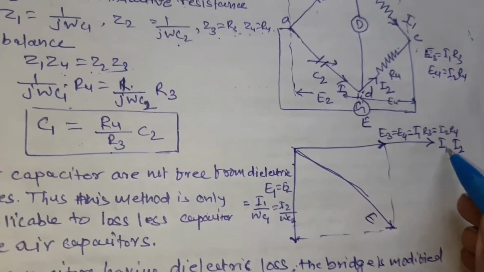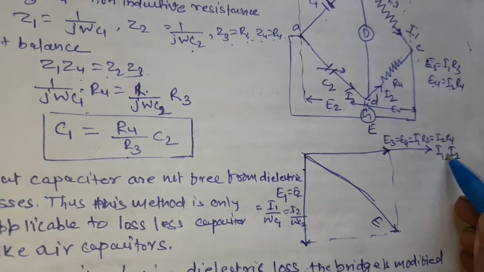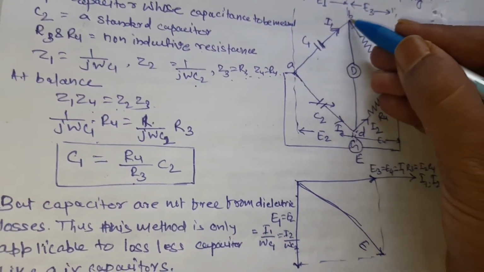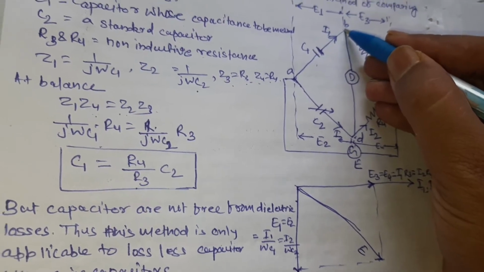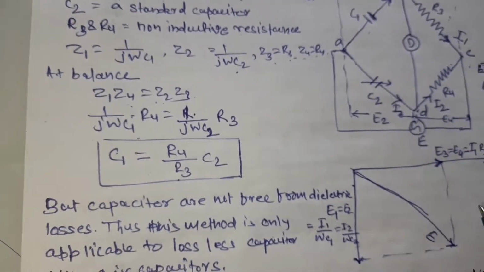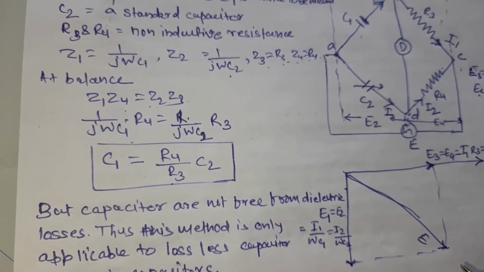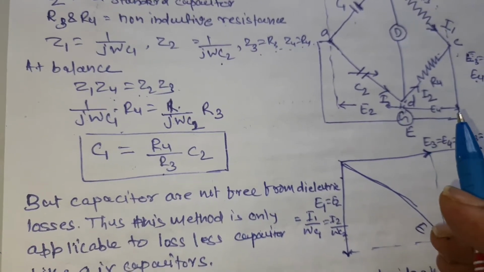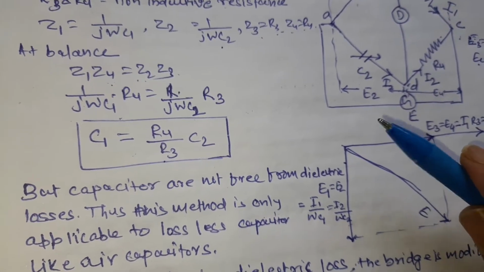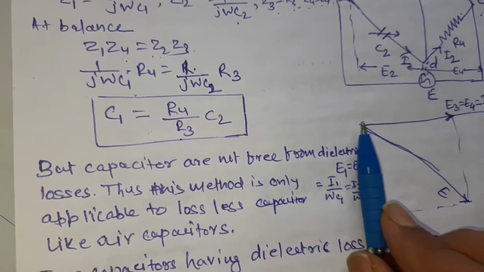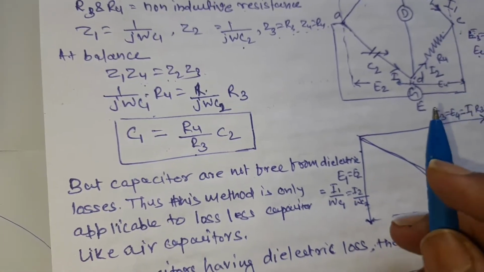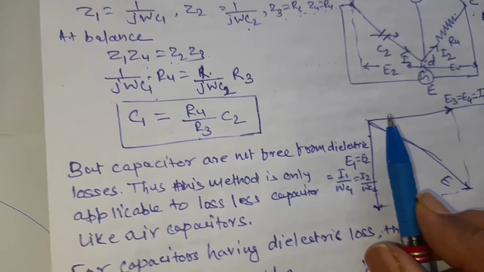So we first draw I1. If I1 is in this phase, then the voltage drop across branch 1 is equal to I1 into 1 by j omega C1. The voltage drop across branch 1 is lagging 90 degrees with the phase of I1.